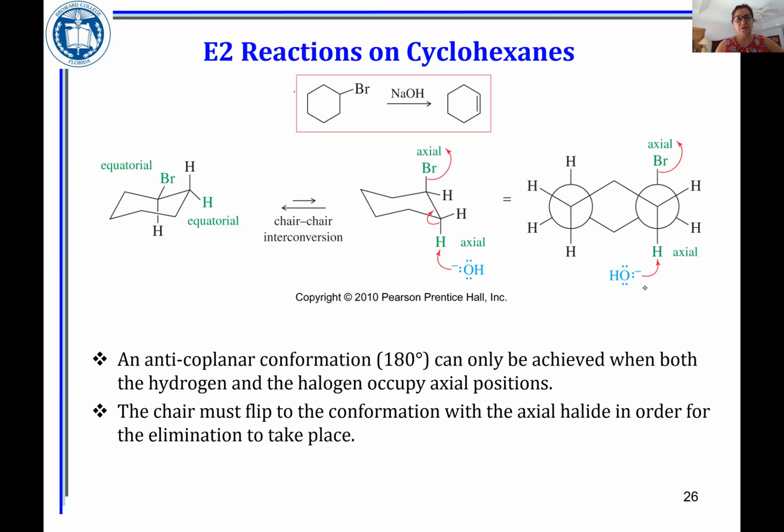Which chair conformation is more stable: when you have the bulky group in the equatorial position, or when you have the bulky group in the axial position? We learned in the previous chapter, chapter 3, that a bulky group in the equatorial position is more stable, and that's why we have these arrows.